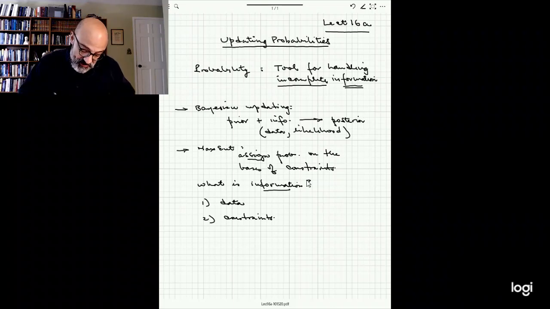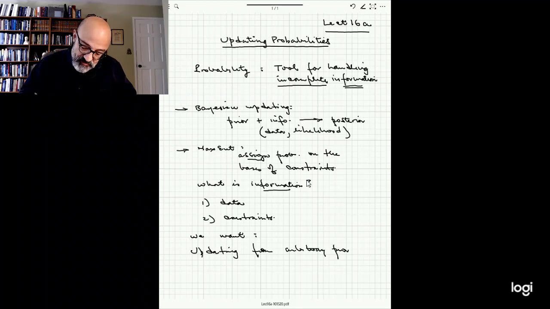So what we want is a method for updating from arbitrary priors involving arbitrary, more general forms of information. That's our goal.